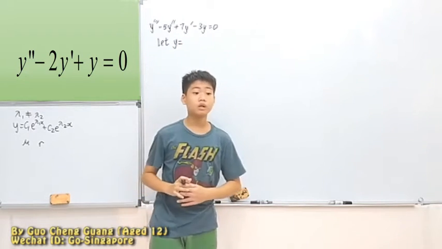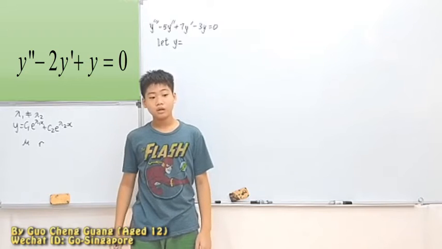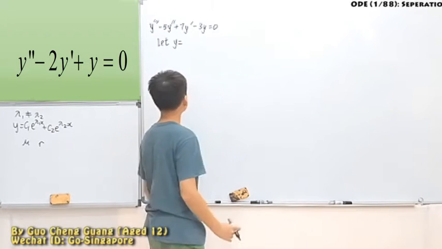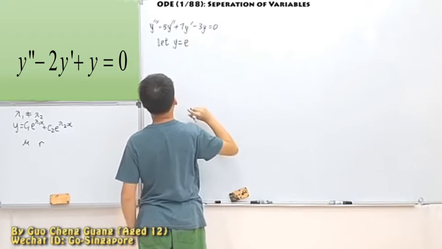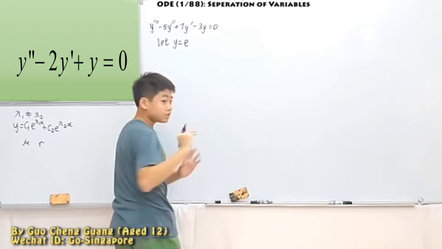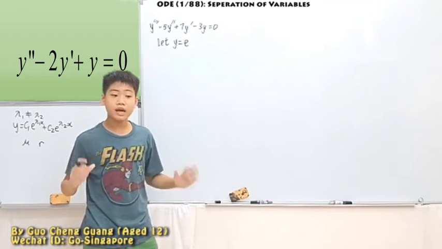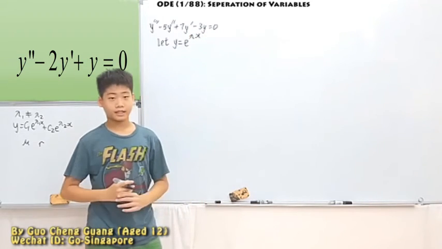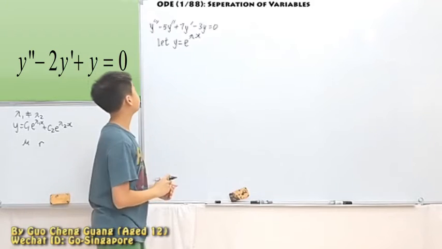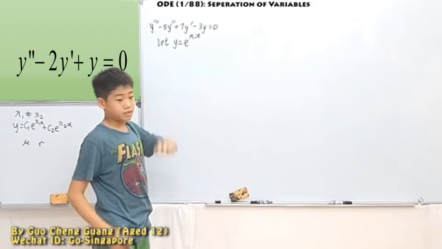For our characteristic equation, we use e to the power of something x, and this something we don't know, we call it lambda x. So we let y be this thing.